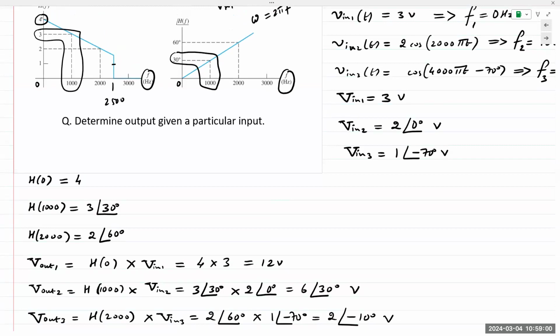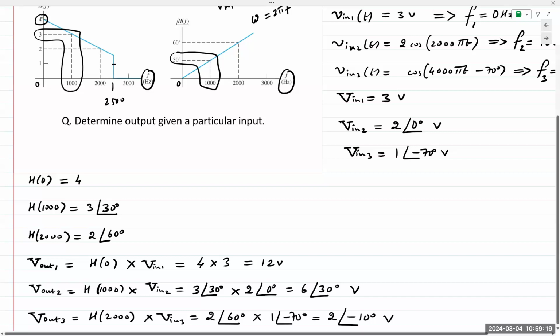So it's not interfering with the incoming input signal that is given to us. But if there was a component with a frequency of 2500 hertz or above, it would be attenuated to 0, because there is nothing after that. H of F, if F is 2500 or greater, is equal to 0. So no matter what the input voltage would be, if F is more than 2500, the output would always be 0. It's filtering out all frequency components higher than 2500.